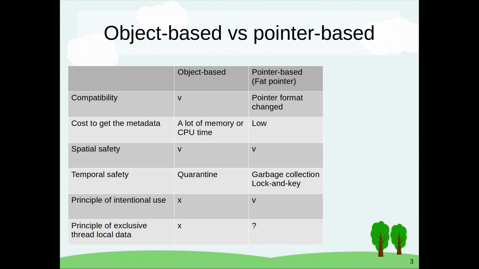For the pointer-based approach, it usually uses garbage collection or the lock and key method to do the temporal safety check. For the garbage collection method, the compiler needs to scan the program and find all the pointers in the program and see if a pointer is pointing to a freed object.